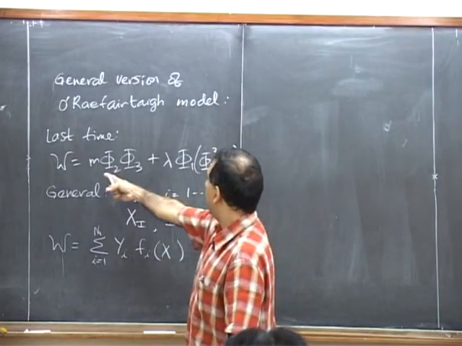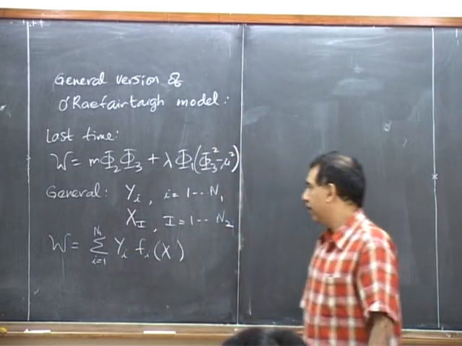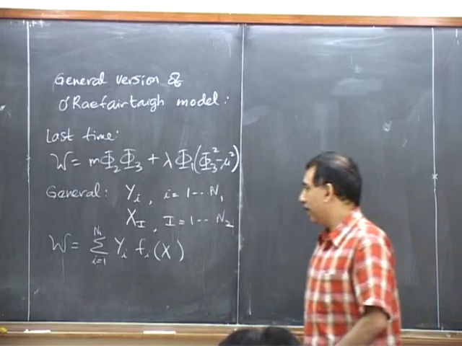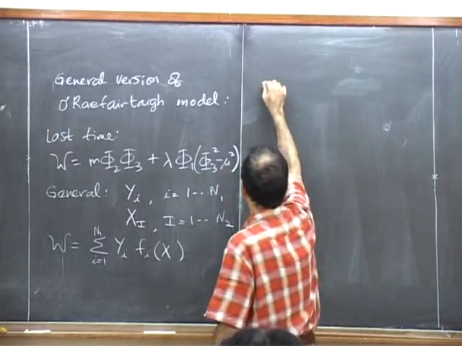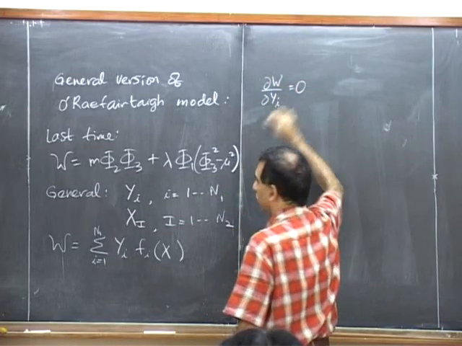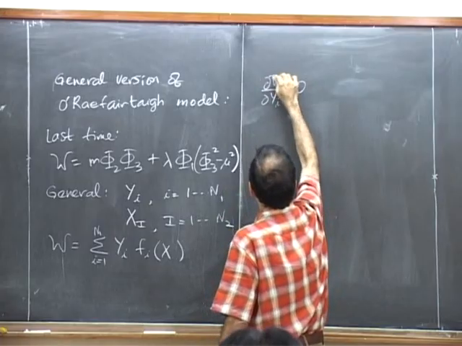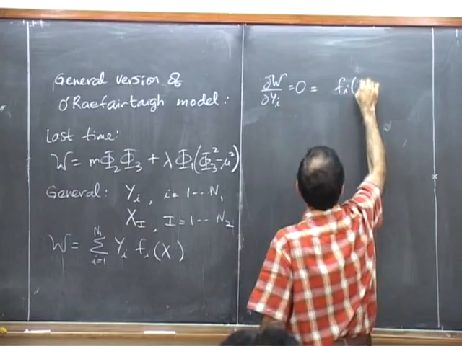Okay, so if you look at this action, phi 2 and phi 1 are like the y's and phi 3 is like the x's. Now, what are the F-term equations for supersymmetry to be unbroken? The equations are dW by dy_i equals 0, and this is just f_i of x.